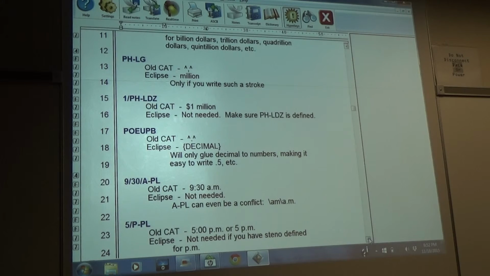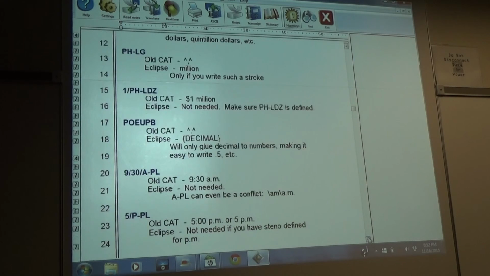So that's all you need to do. You don't need to do this anymore. Okay? This was the old way of doing it. All you have to do is write the bracket, decimal, bracket. That's it. Okay?